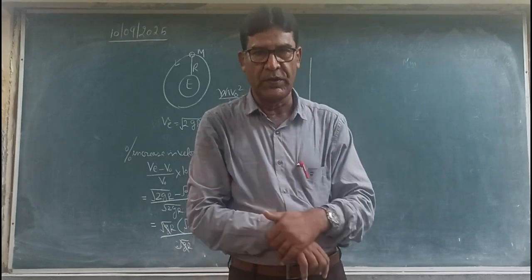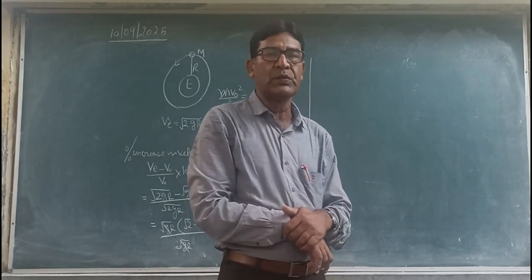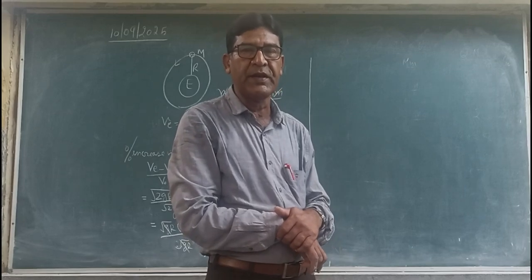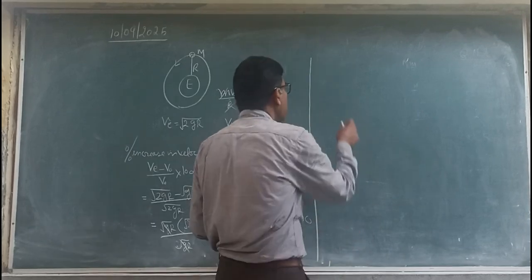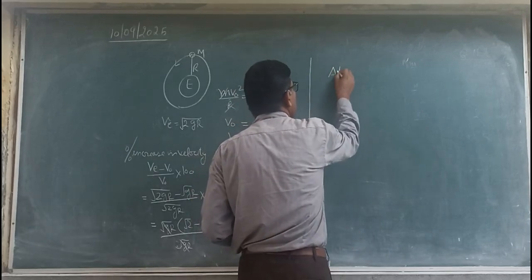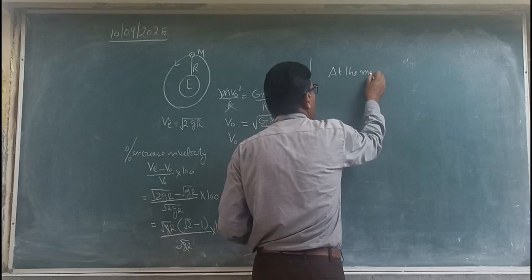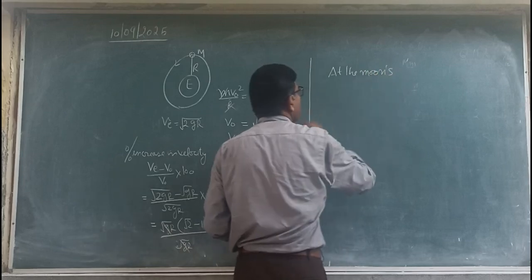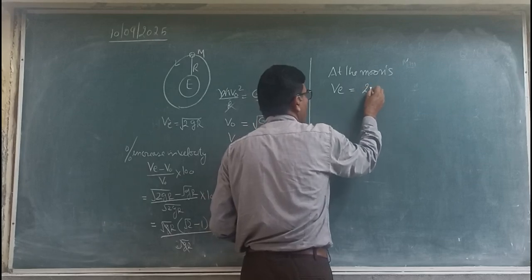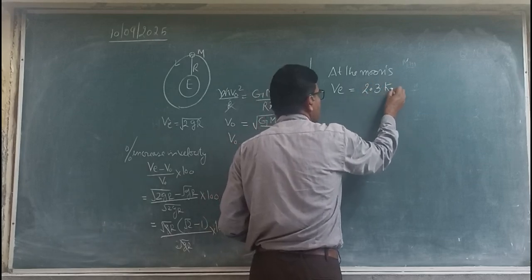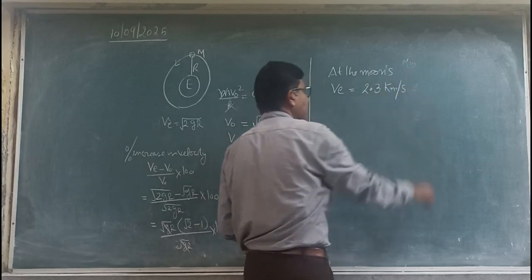Due to this small value of gravity, the escape velocity comes out to be very small. At the moon's surface, the escape velocity is approximately of the order of 2.3 kilometer per second.